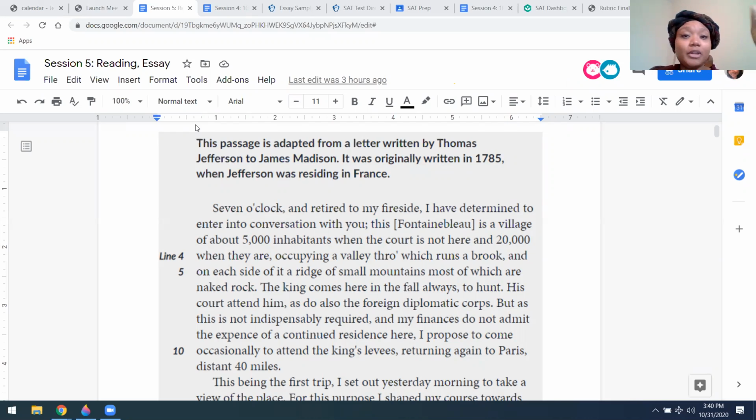You can also include the part that describes the passage, the very first part. That's technically not the first paragraph, but it says the passage is adapted from a letter written by Thomas Jefferson, written in 1785, and so on and so forth. So what do you guys think of that introductory part? I want to hear a little bit from everyone before we move forward.